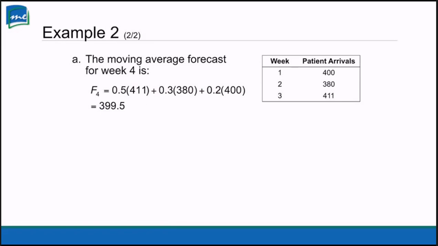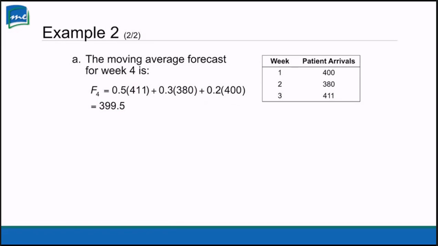We use the weighted 3-period moving average. So we use 0.5 times 411, which is the most recent number, plus 0.3 times the patient arrivals in week 2, and 0.2 times 400, which is the patient arrivals in week 1. So we obtain a forecast for week 4, which is 399.5.